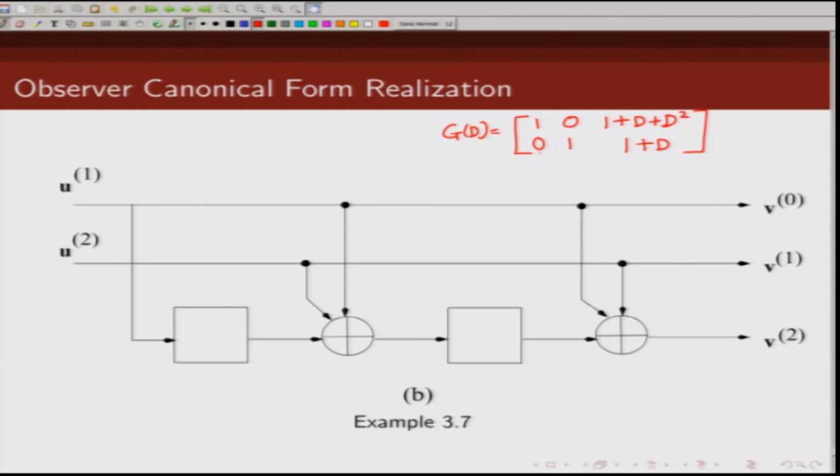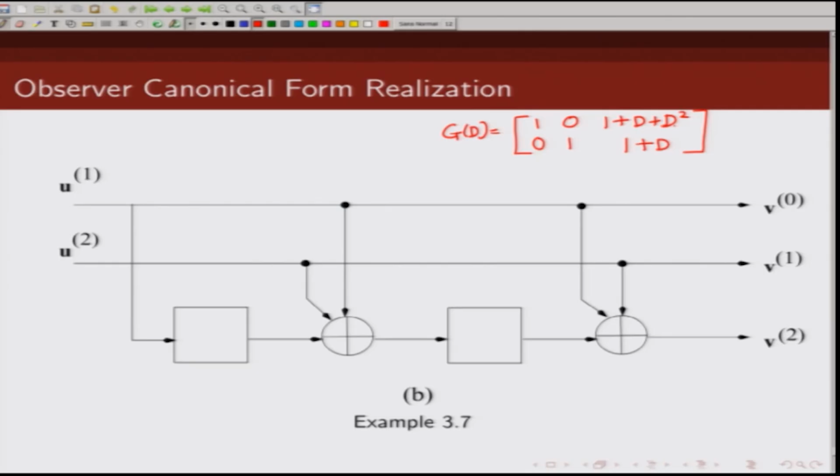For each column there is one set of shift register. What is the maximum delay element here? 0. So, you can see directly. What about this? Again, the maximum degree of D is 0. So, there is no shift register. And here for the third column, D is 2, so we took 2 delay elements.